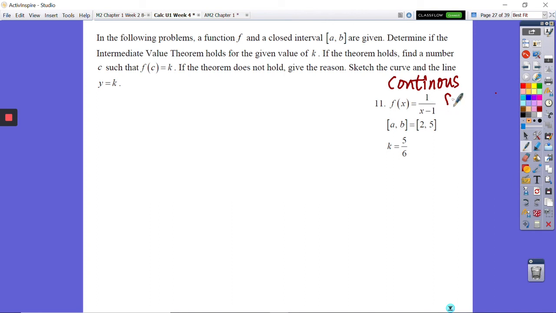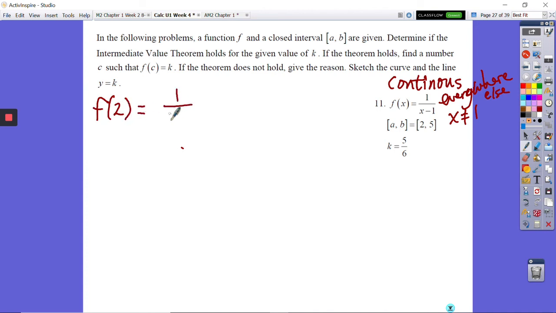So it's definitely continuous from 2 to 5. Check. Second, now we're going to plug in, so we're going to find f of 2.